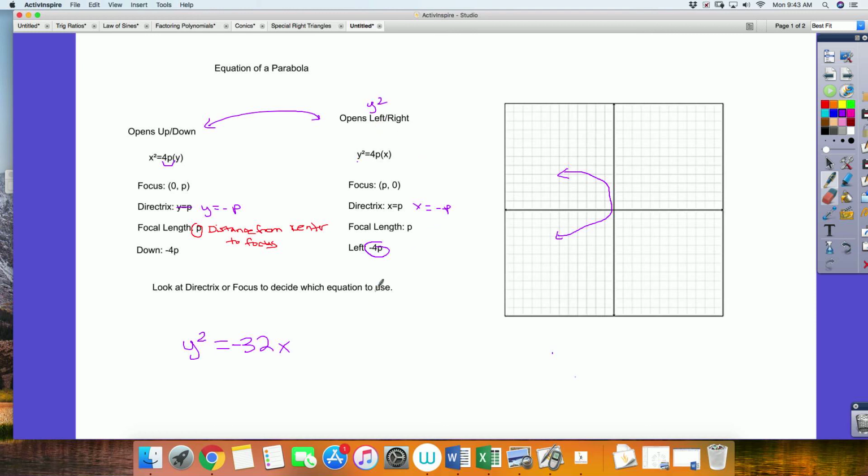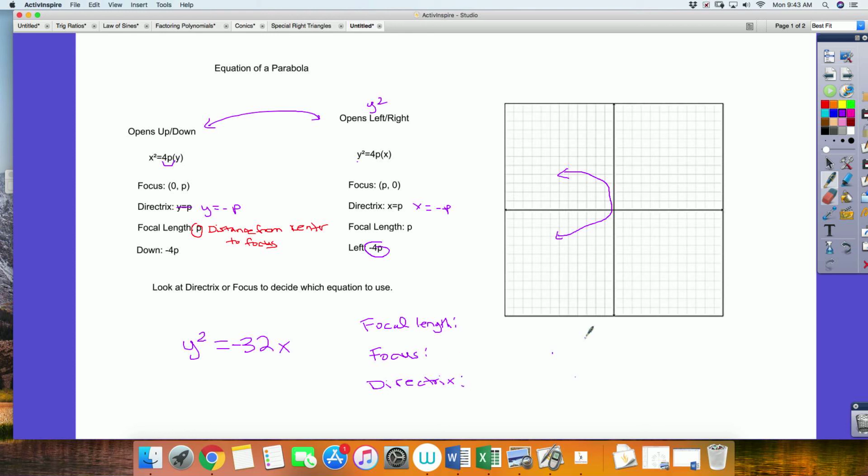And since it's a negative, that means it's going to open to the left. So now I want to find my focal length, my focus, and my directrix.